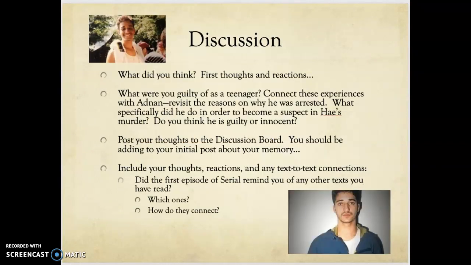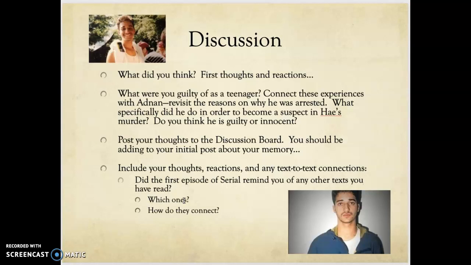All right, so here is the discussion board, and this is the prompt that you are going to be answering, and you can add to your little blurb about your memory, trying to remember six weeks ago. You're going to be writing your reflection based on this prompt. What were or are you guilty of as a teenager?